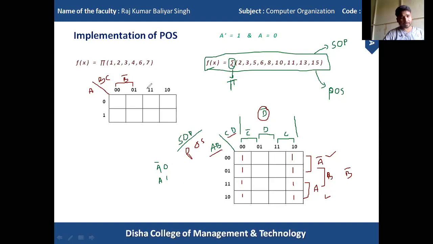If we combine these two, we get B as a common value. If I combine these two, I can get the value C here, and from the last column, this one and this one, I can get the value C naught. Don't get confused. For this whole row, I will get A naught as the common value, and for this other row, I will get the common value A.